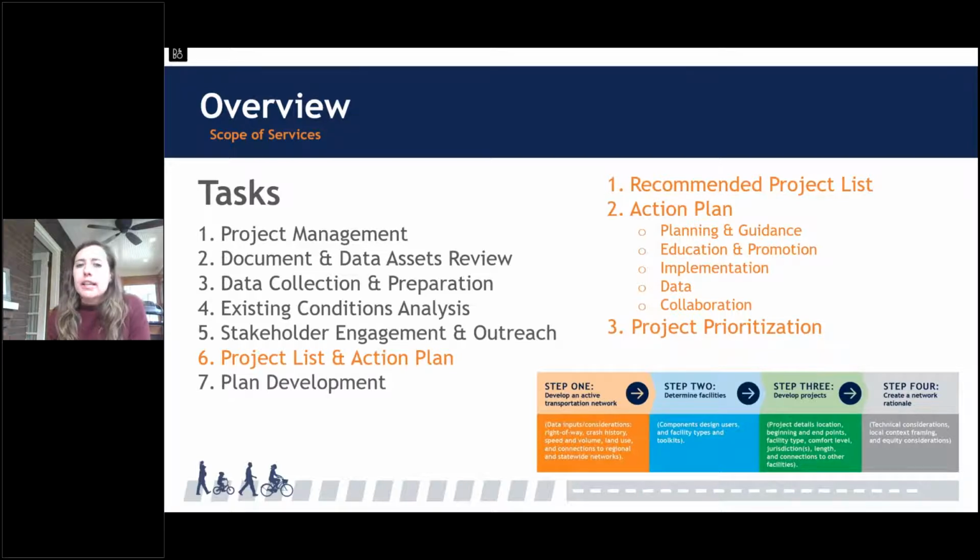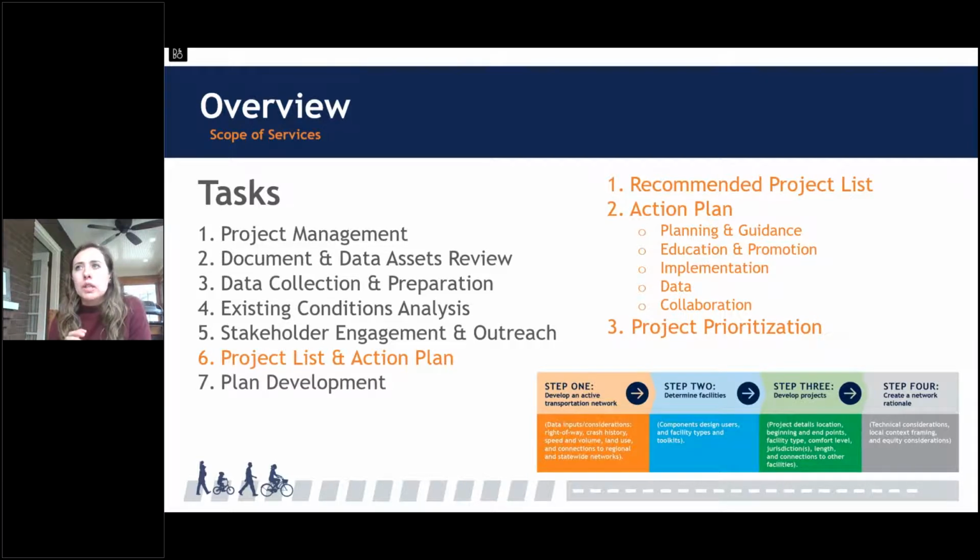And then project list and action plan. So again, we'll be following this sort of process for developing project recommendations that's outlined in our AT Plan Development Guide: defining our network, determining facilities, developing projects. So you'll end up with a recommended project list as well as an action plan that is more related to non-infrastructure things.